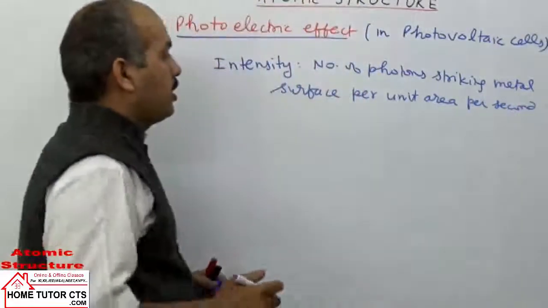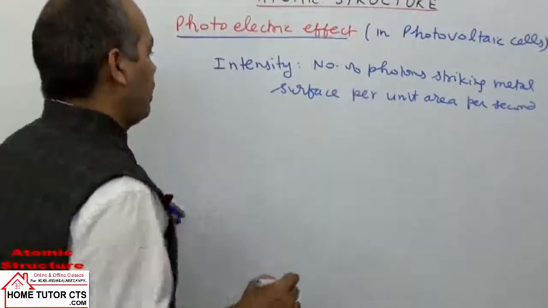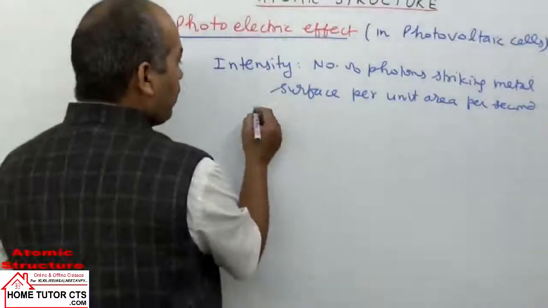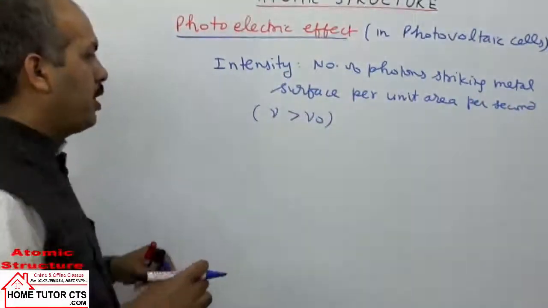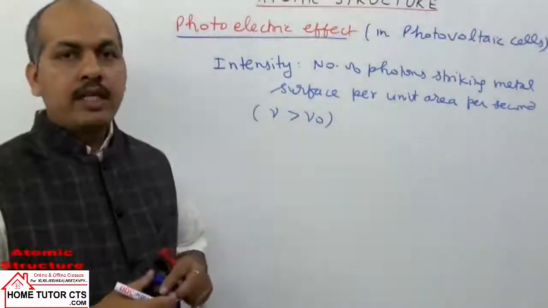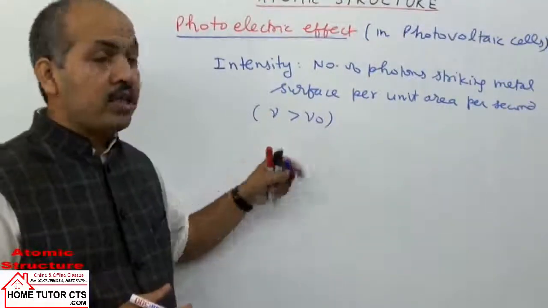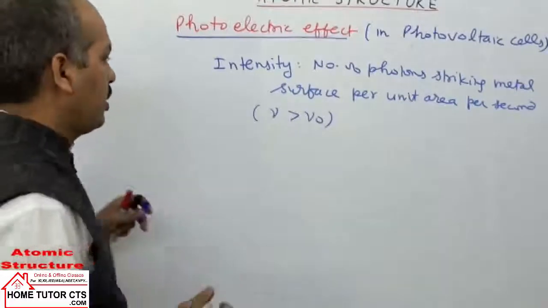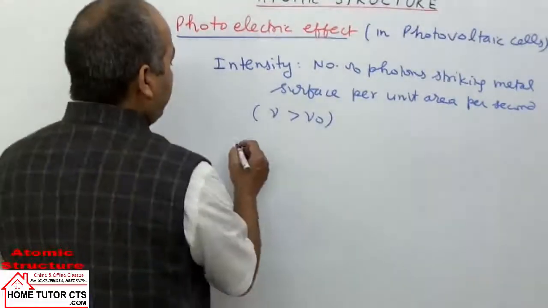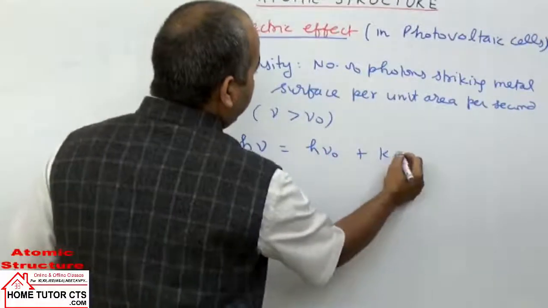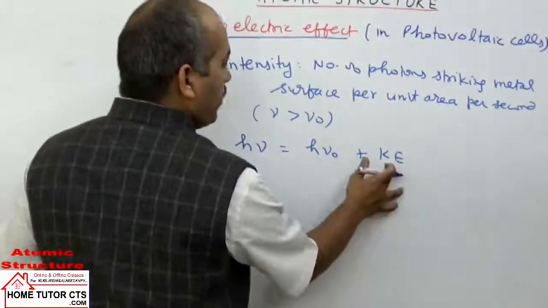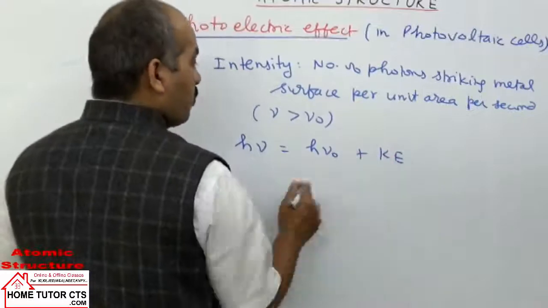If we have more photons, in all the cases we have applied the condition that nu is more than nu naught. In the last point also, the frequency of photons is more than threshold frequency. So if I write the expression once again, h nu is equal to h nu naught plus kinetic energy, half mv square for the photoelectron.